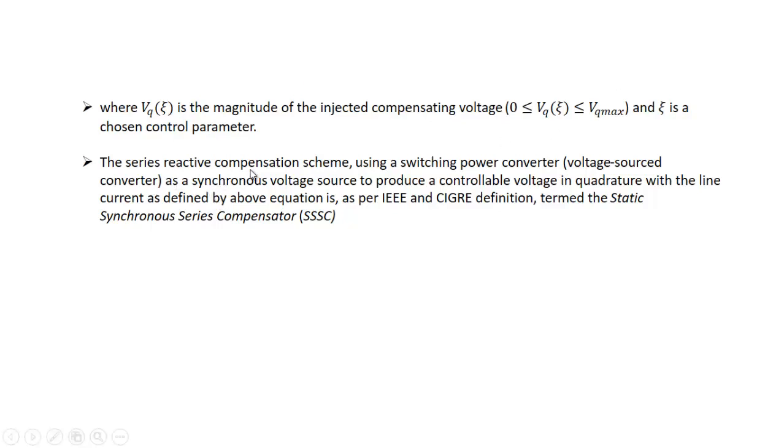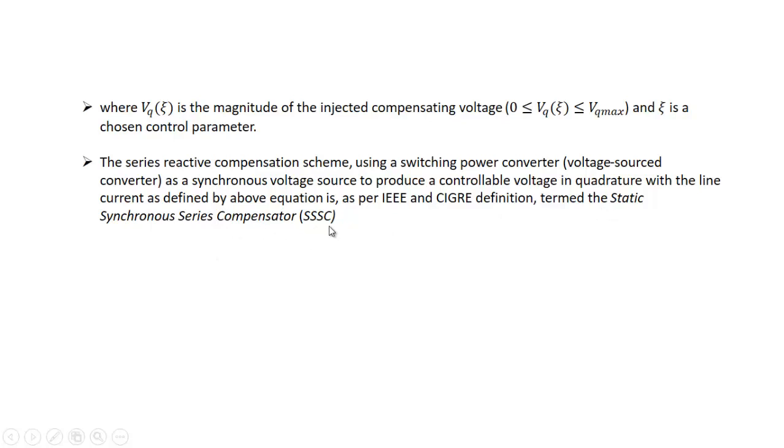The series reactive compensation scheme using a switching power converter, a voltage source converter, as a synchronous voltage source to produce the controllable voltage in quadrature with the line current, as defined by the above equation, whether it's plus or minus, is as per IEEE and CIGRE definition termed as static synchronous series compensator.